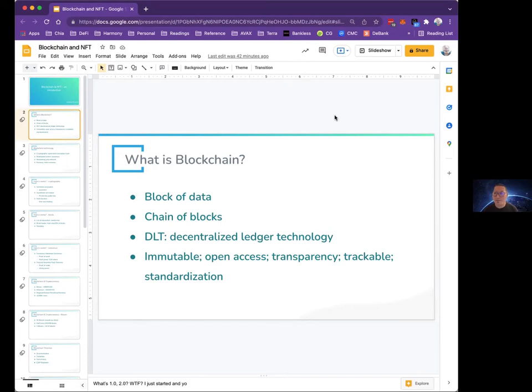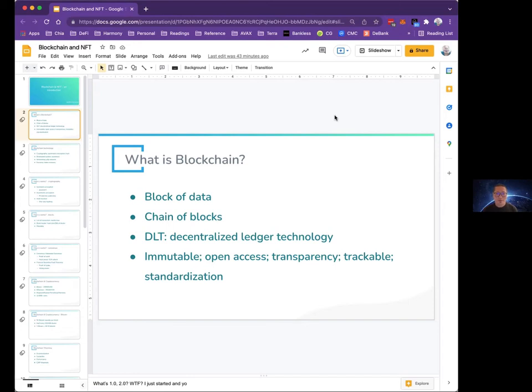But actually, in other words, it's also called DLT, decentralized ledger technology. That's a more formal name of the blockchain technology. Blockchain is more generic for people to understand. There are a few special features of blockchain technology.